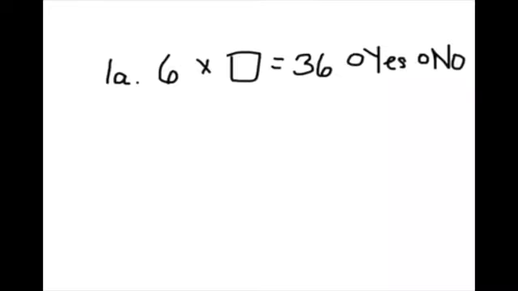So this was one of our first choices, right? 6 times blank equals 36. We need to know if we put in a 7, if that really equals 36. So I'm going to ask myself, does 6 times 7 really equal 36? I might already know that if I know my fact families, right? But if I don't already know that, I need to use a strategy.